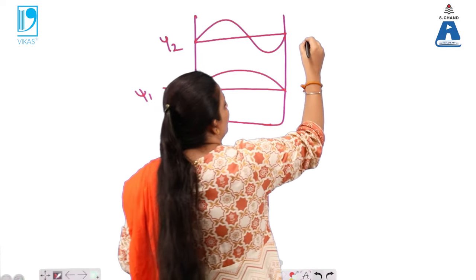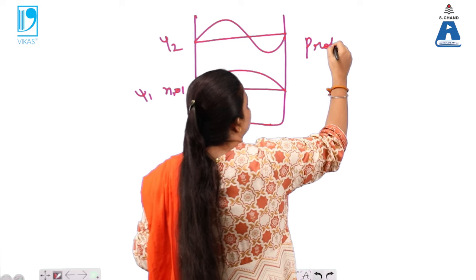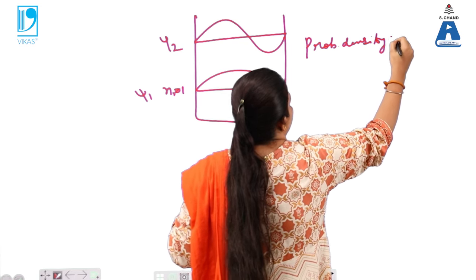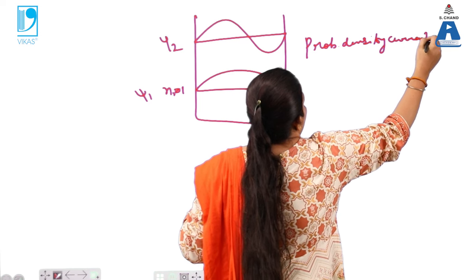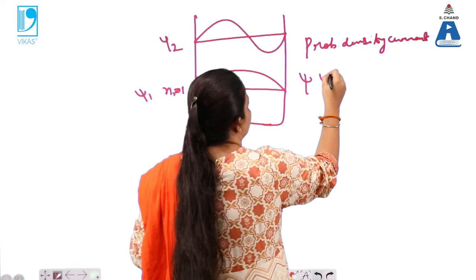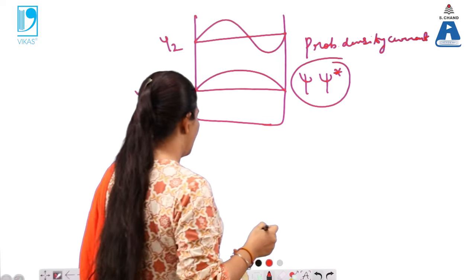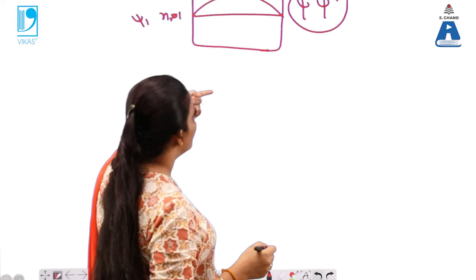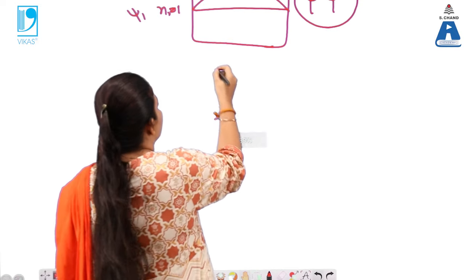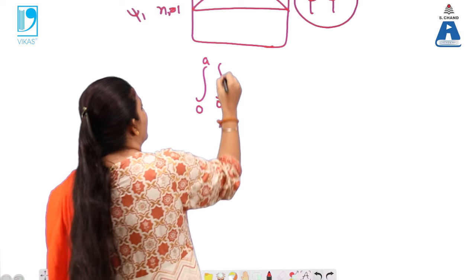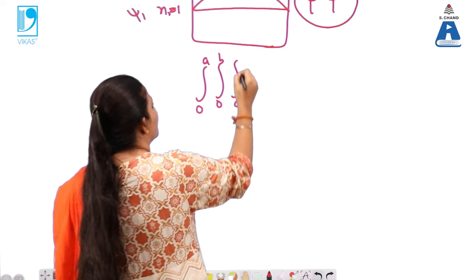In a similar way, we know that the probability density is defined as psi into psi star. In this space we can write the probability as the integral from 0 to a, again 0 to b, 0 to c.